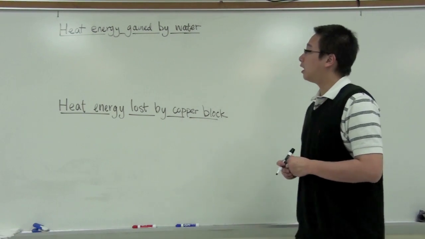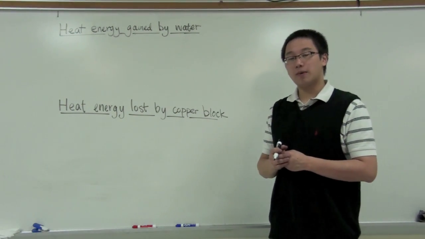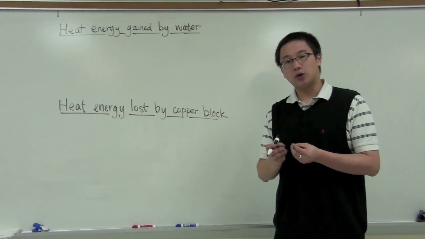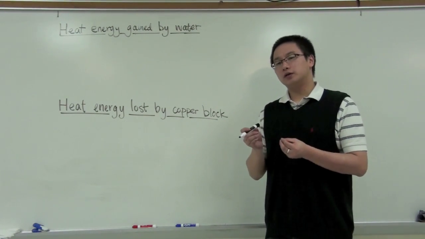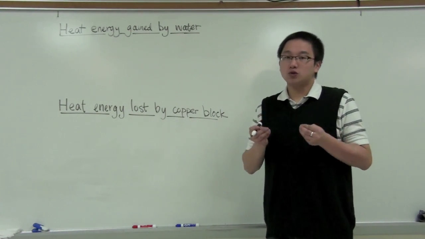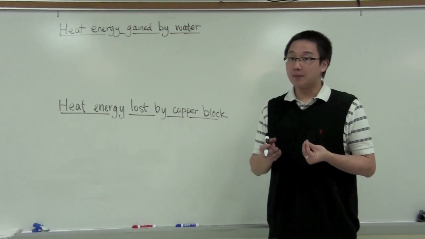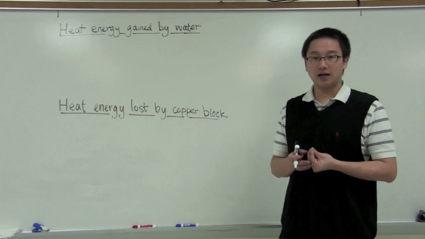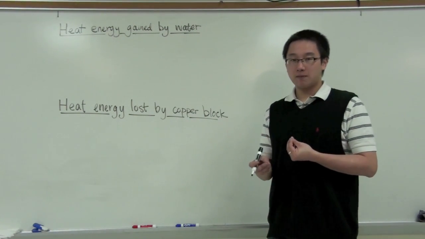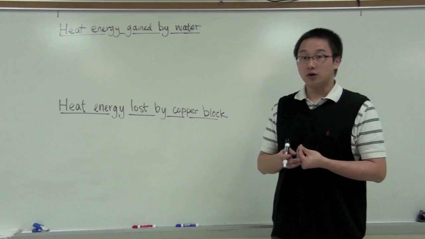So let's look at the heat energy gained by the water. We understand that the water is going to heat up, so there will be a temperature change. From the question, we don't see any statements that indicate a change of state, so we will assume there will only be a change of temperature.